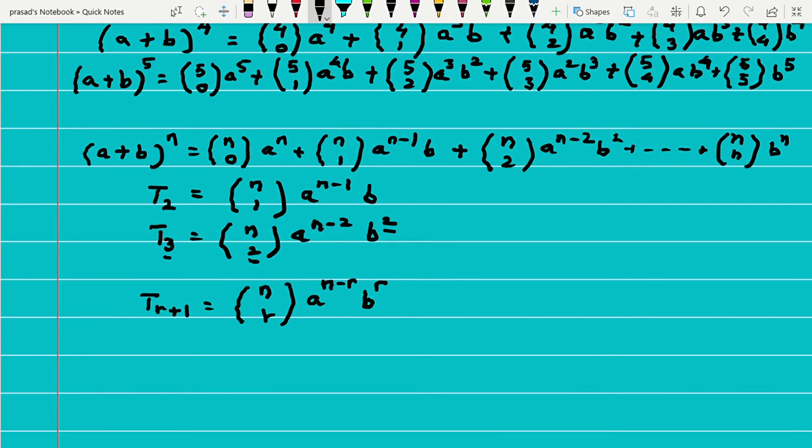So this is a formula for the r plus 1 term, which is very useful in solving some of the problems. So let us do some of the expansions using this general formula.